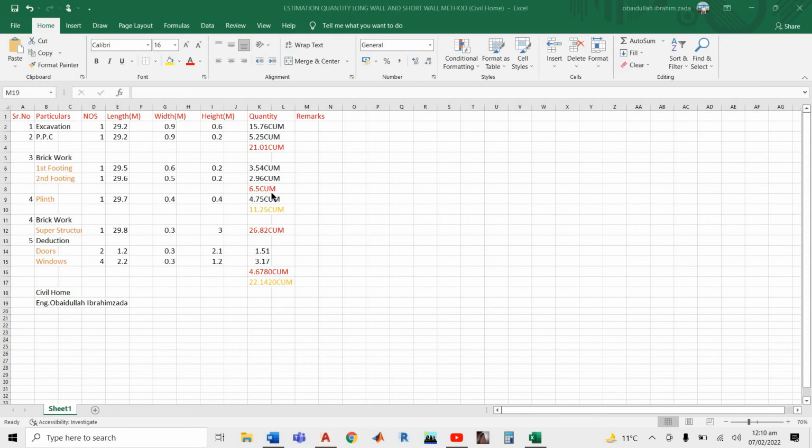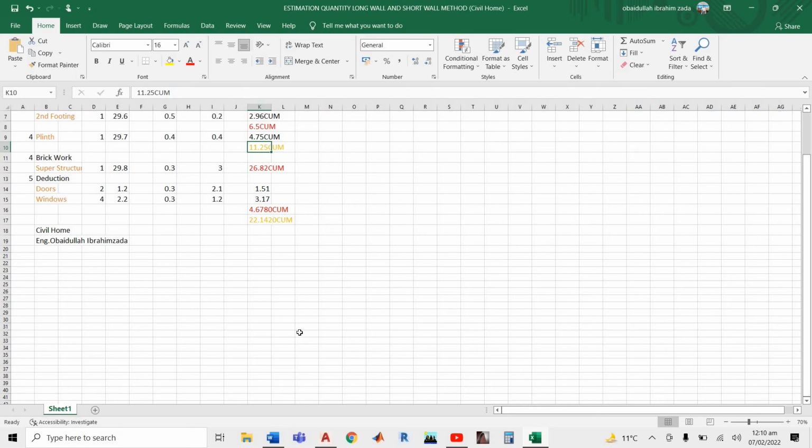Sum all of them, it means sum this and this 4.75. You get 11.25 cubic meters. 11.25 cubic meters is nothing, it's just the quantity of the exit footing, dome footing and plinth.